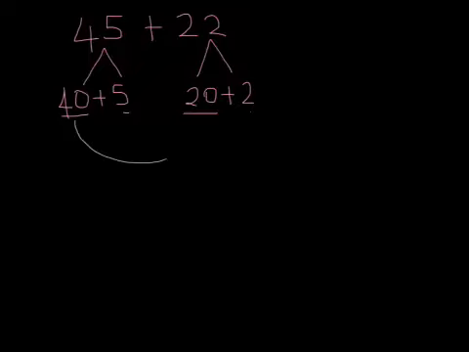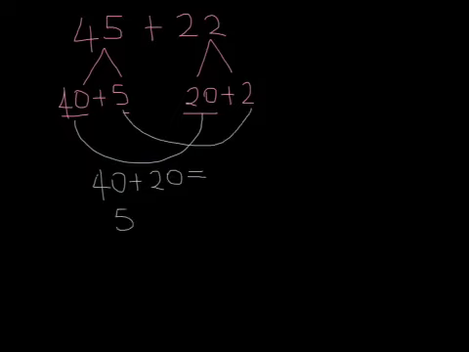I can join my tens together, 40 plus 20 equals, and I can join my ones together, 5 plus 2 equals. Remember, you can tap, so we're counting in tens: 40, 50, 60. And I know that 5 plus 2 is 7.